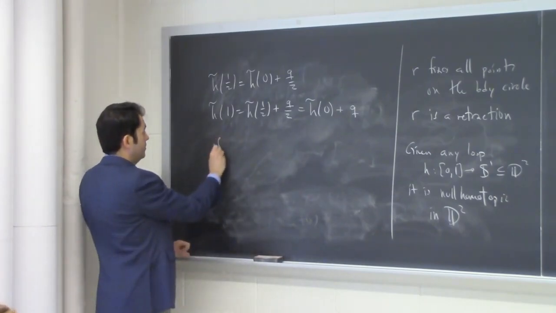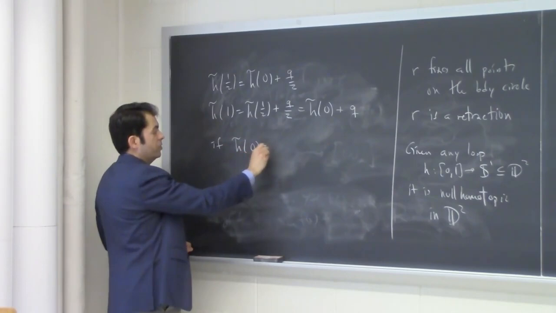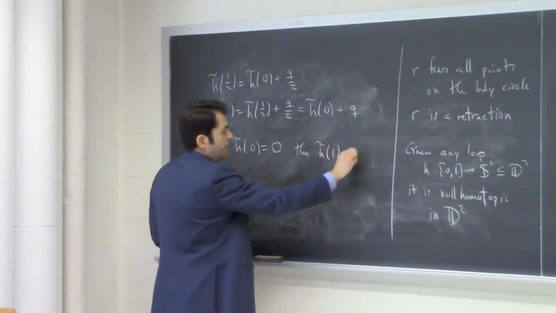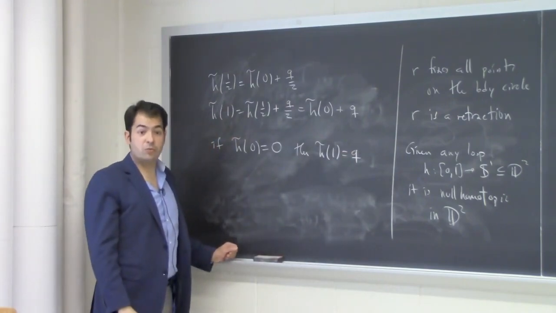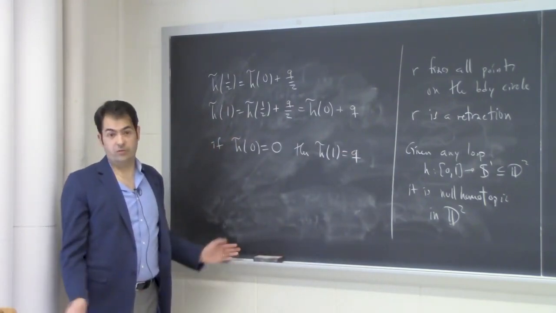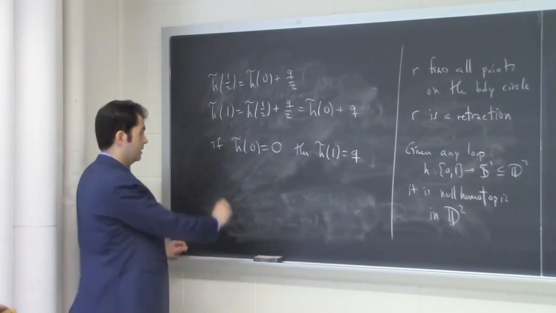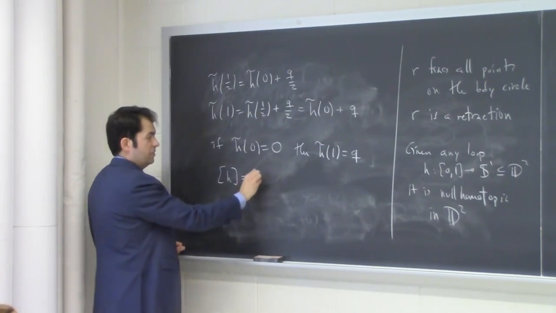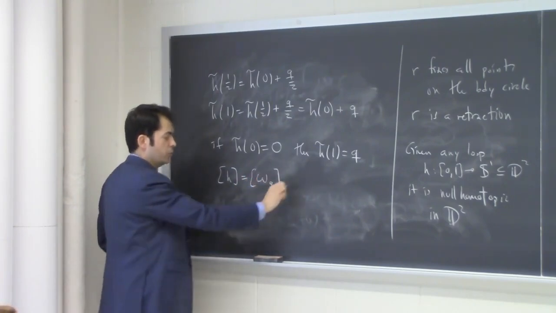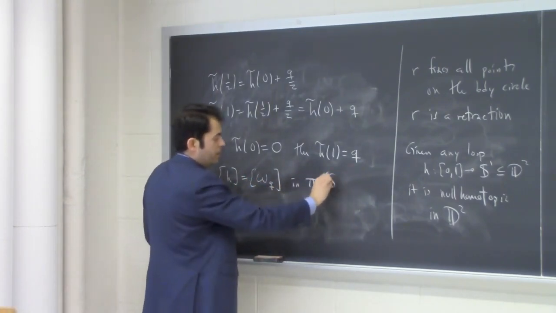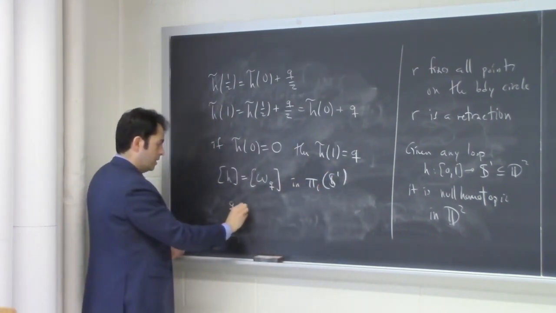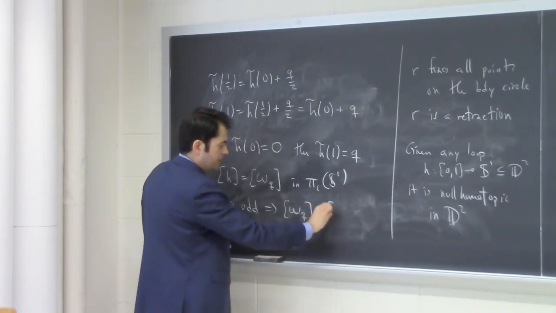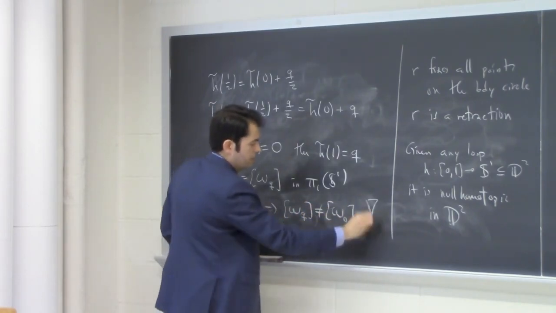So if h tilde of 0 is 0, then h tilde of 1 is equal to q. And since we know that q is odd, it is not 0. So this tells us that the class of h is the same as the class of omega q in pi 1 of S1. And q odd implies that this class is not the class of omega 0. That's a contradiction.